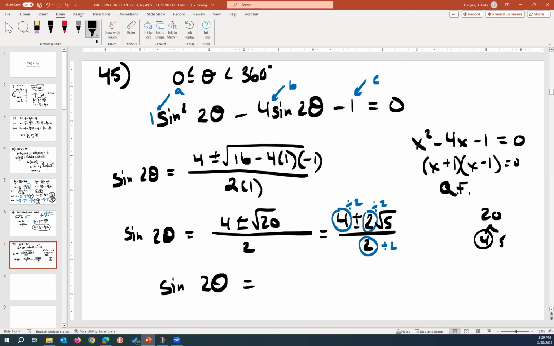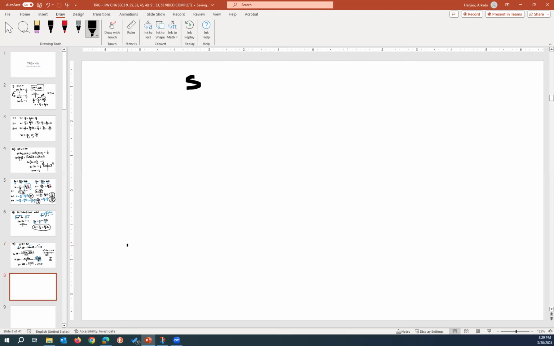I got this: 2 plus or minus the square root of 5 over 1. Oh, nice. And then I don't even need the 1, right? So it's 2 plus or minus the square root of 5. Okay, so let's go into the next slide here. So this is my answer.